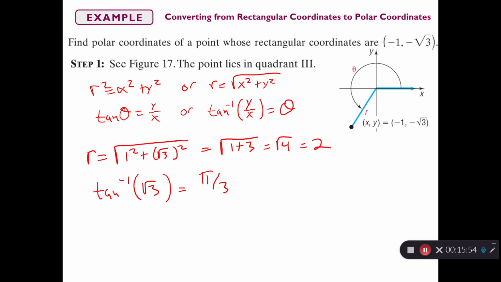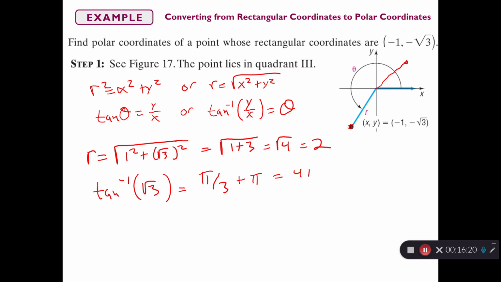Now the only problem with that is 2 comma pi over 3 gets me into quadrant 1, like right about here. What I really need is to be in quadrant 3 down here. So how am I going to get there? Well, I've got to adjust my angle. If I add pi to my angle, I go from quadrant 1 to quadrant 3, and I'm in the correct location.